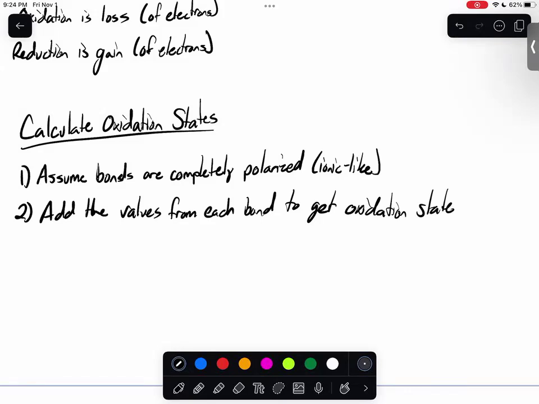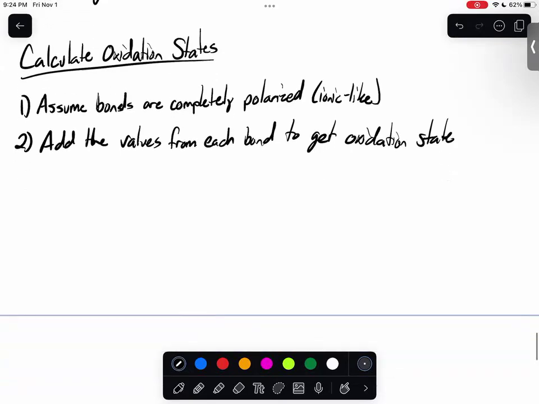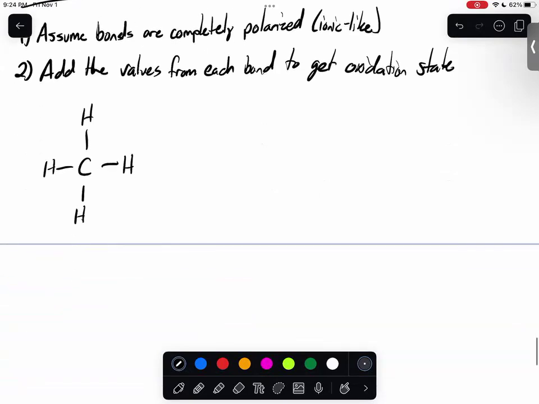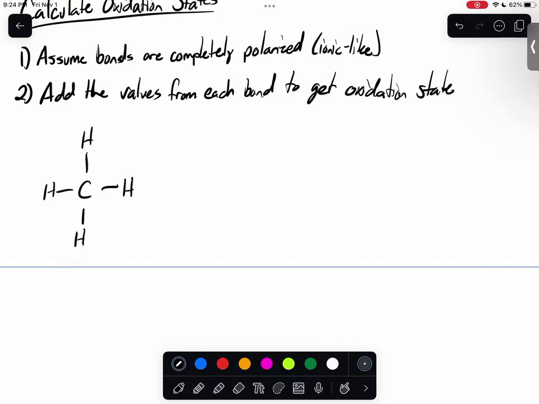All right, so let's try this on something like methane. If we're thinking about methane, it's just CH4. But we want to draw this as an oxidation state drawing. We want to figure out what the oxidation state of these things are. The first thing you need to do is look at your electronegativities, because the electronegativities tell you how the bonds are polarized.